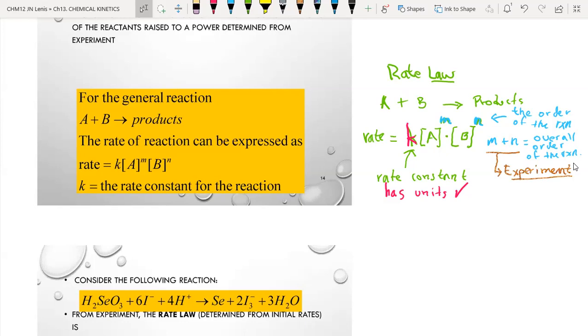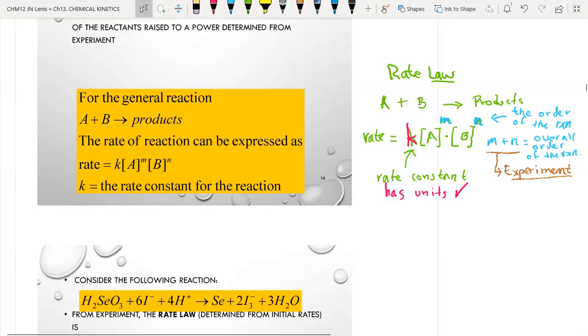We need to say this to make emphasis on the fact that the stoichiometric coefficients of the reaction have nothing to do with these orders. We didn't even write the stoichiometric coefficients in this equation.